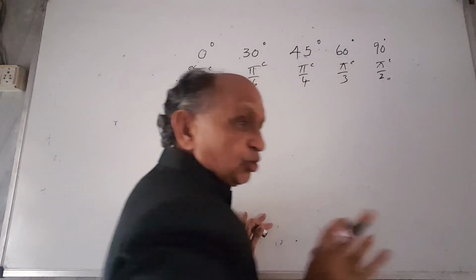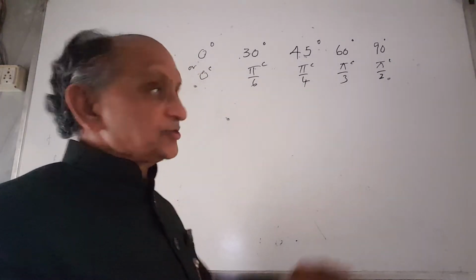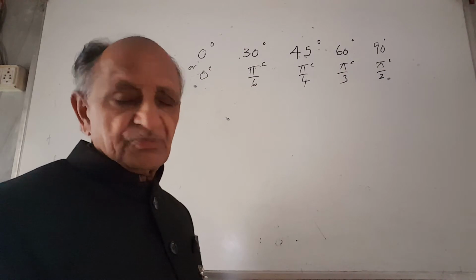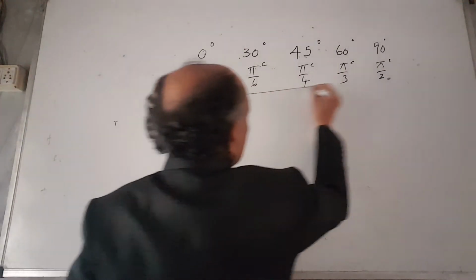You know that there are two types of measuring the angles. One is degree measure, another is radian measure. How do we remember these values?